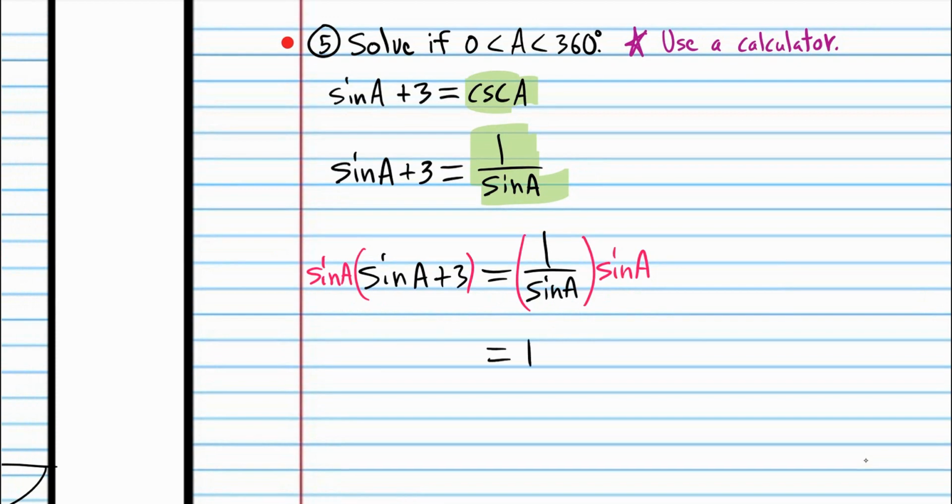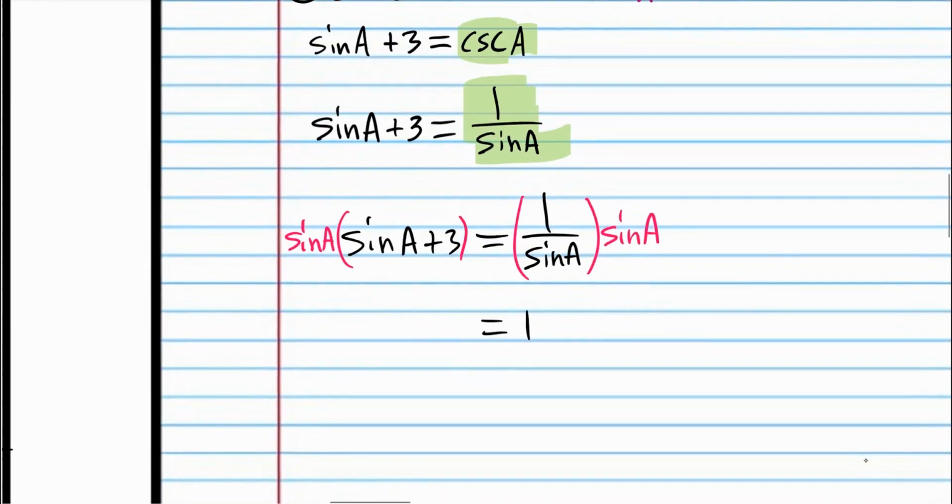So we get 1 on the other side, and sine A times sine A is sine squared A. And sine A times 3 is 3 sine A. That was the distribution property.